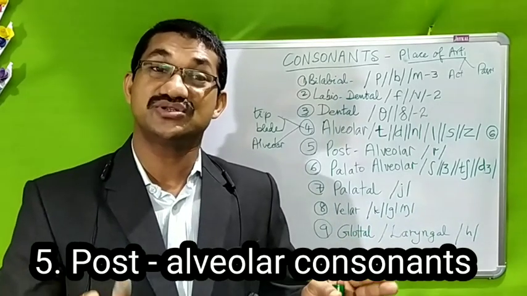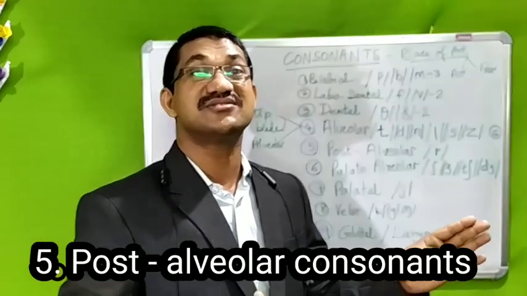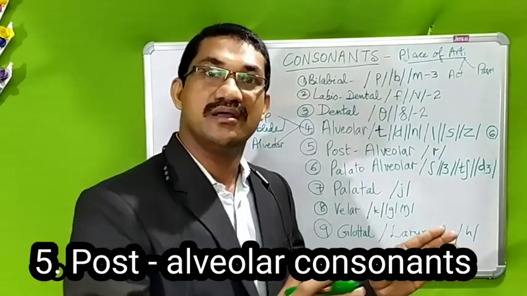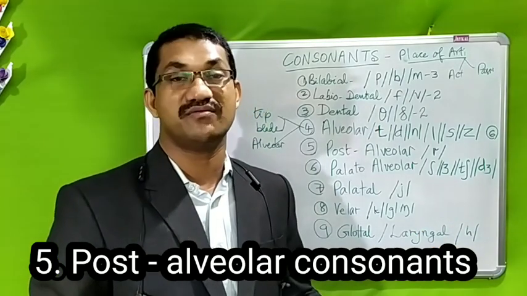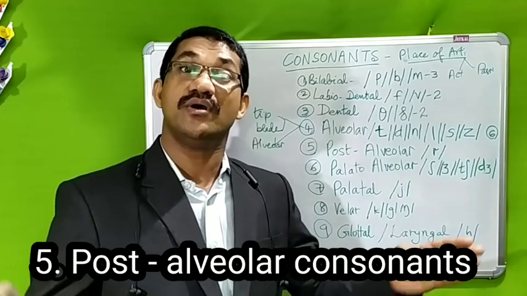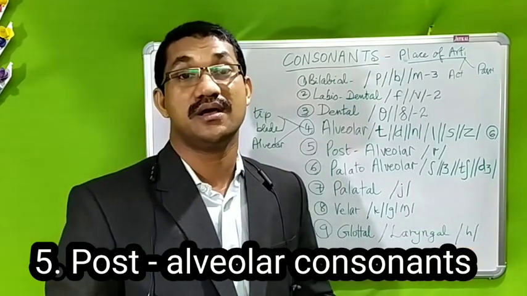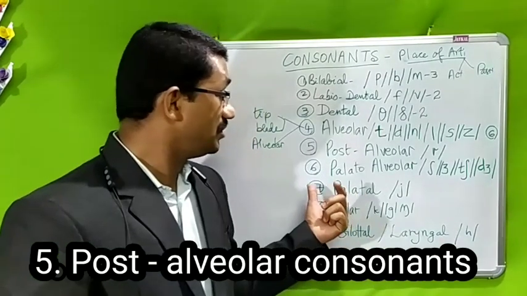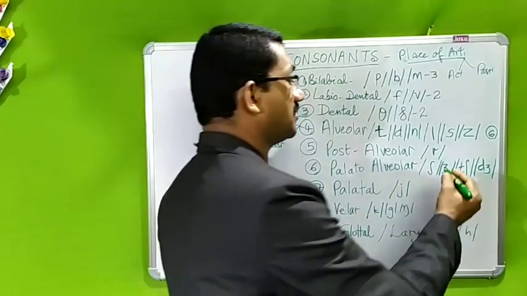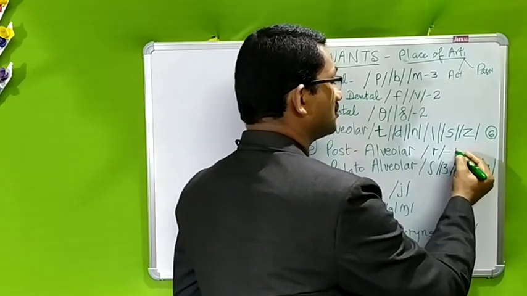It is also known as post-alveolar frictionless continuant. Rain, there is continuation, right? So based on the manner and place together, we call it post-alveolar frictionless continuant. The number of such consonants is just one, that is post-alveolar.